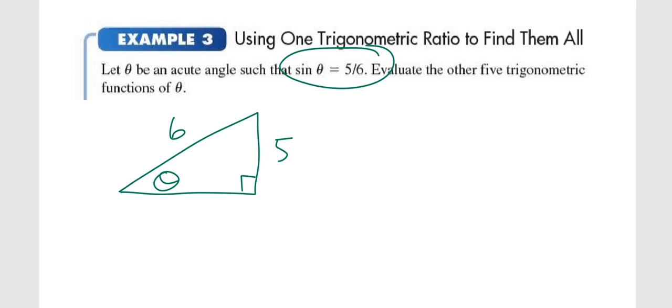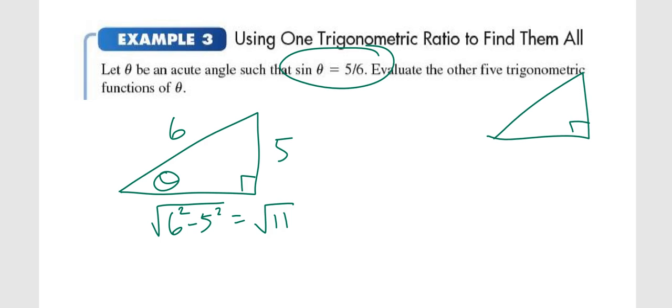Does it confuse you if I do this? If it does, then don't think about it like that. Think about it like you would back a while ago. X squared plus 5 squared equals 6 squared.